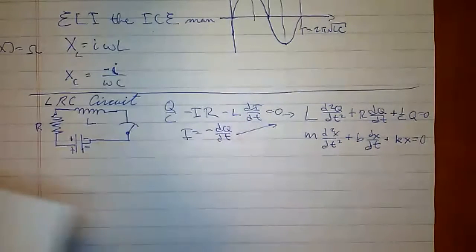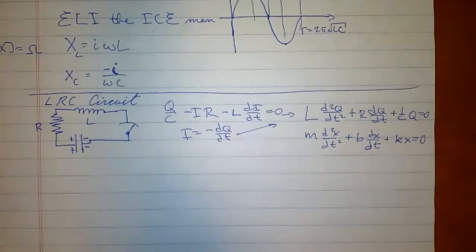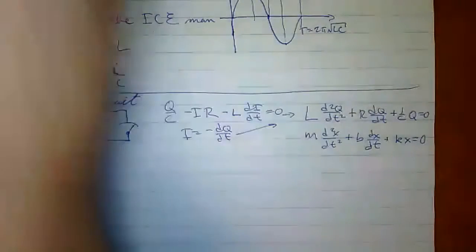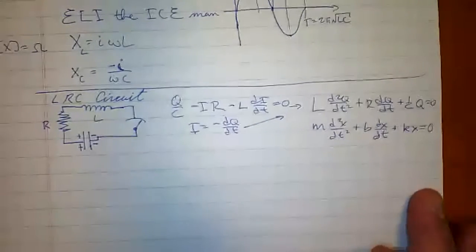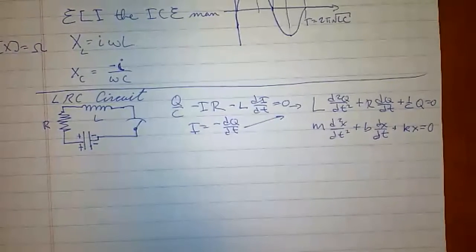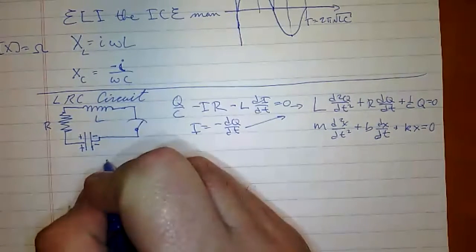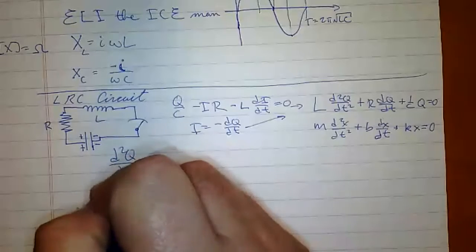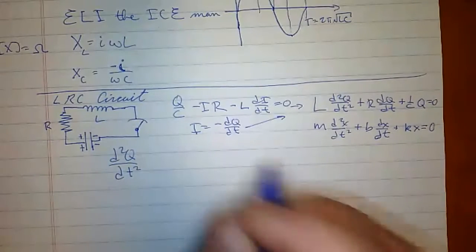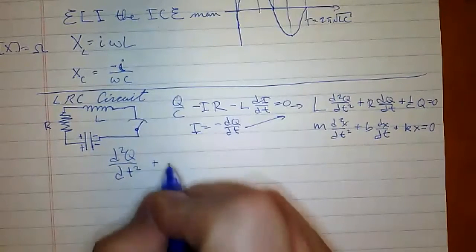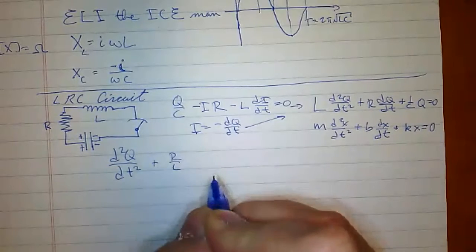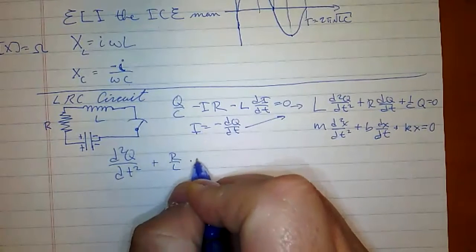And in fact, I did take the time to derive it properly. The big thing about the harmonic oscillator problem, and people usually forget this, is when you go to solve this, you again assume a characteristic equation. So what I'm going to do is go ahead and divide through by L, and I'll say d2q over dt squared plus, dividing by L, R over L dq dt.